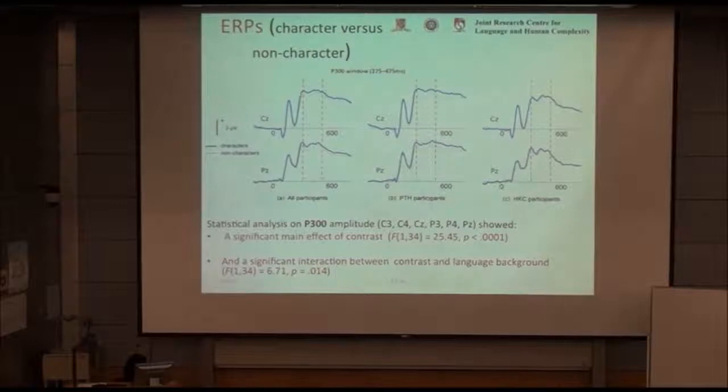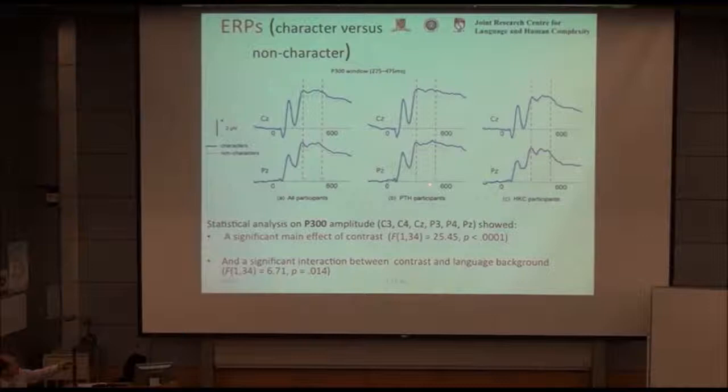We can see, for the native Mandarin group, who are actually simplified script readers, the difference was larger. However, for the Cantonese group, the difference disappeared. So it means that the Mandarin group can differentiate the character versus non-character, but the Cantonese group cannot.